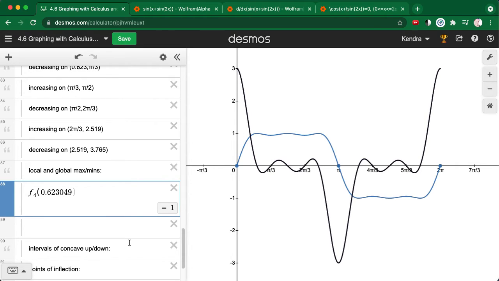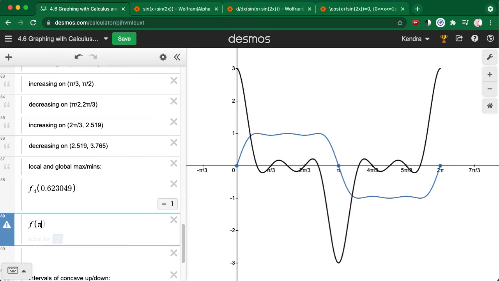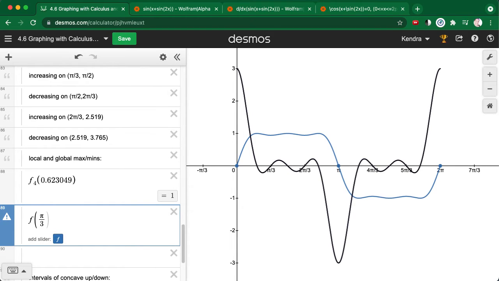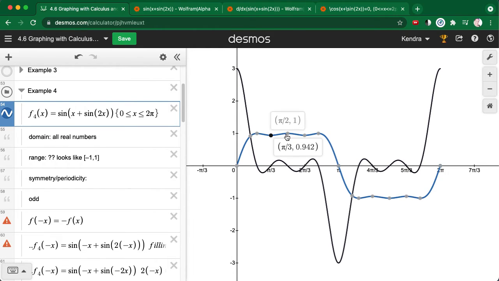Okay, that's enough so that Desmos's rounding goes to 1. And then we have f of pi over 3. There's a relative minimum, and then pi over 2.